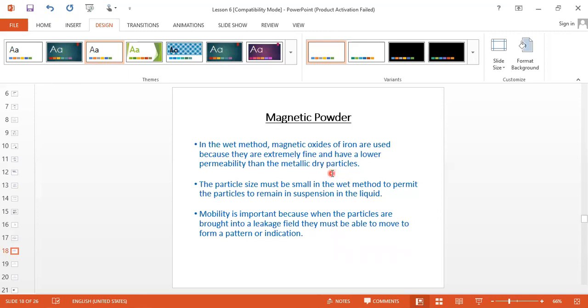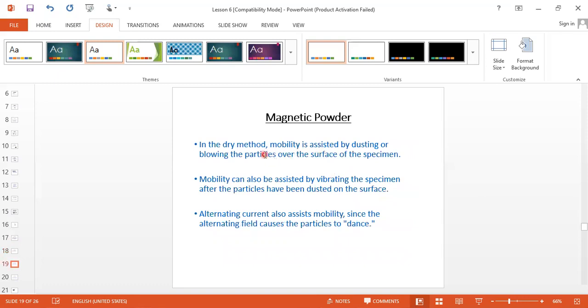Mobility is important because when the particles are brought into a leakage field, they must be able to move to form an indication or pattern. In the dry method, mobility is assisted by dusting or blowing the particles over the surface of the specimen. Mobility can also be assisted by vibrating the specimen after the particles have been dusted on the surface.